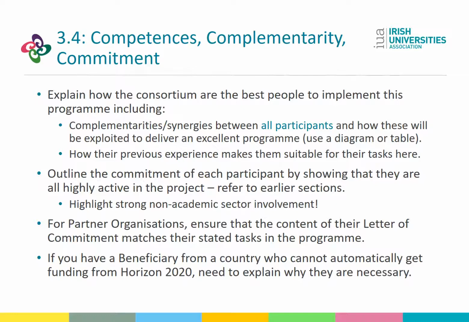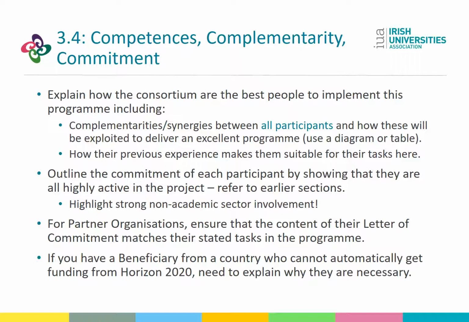And again, part of this information, more technical details of this, can be referred to in section 5 in the capacities table, for example, in terms of outputs as well as supervisory experience. Outline the commitment of each participant by showing that they are all highly active in the project and refer to earlier sections, and highlight again here strong non-academic sector involvement.